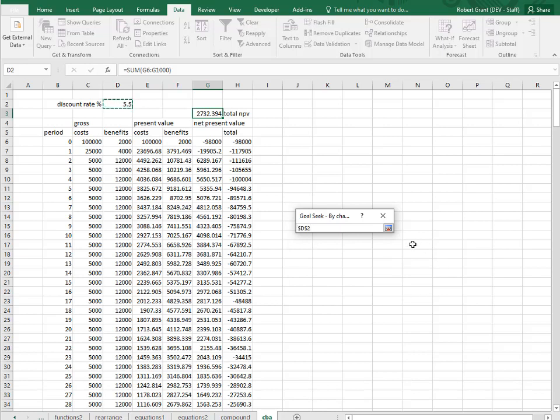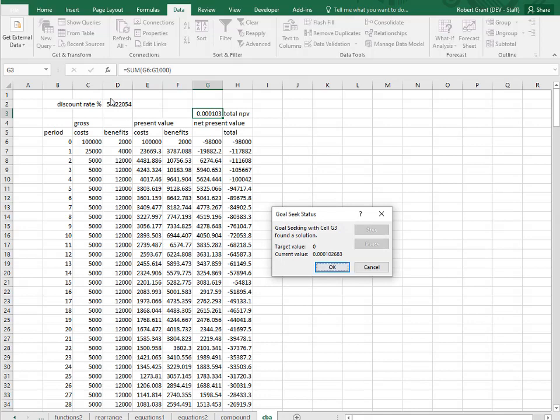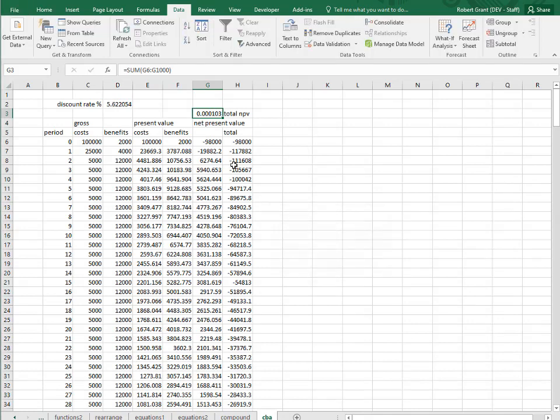And Excel tries to find what this must be to make this equal to your target, I said 0, and it's going to find 5.6%. Okay, so the internal rate of return here would be 5.6%. So in other words, if interest rates went above that, it wouldn't be worth doing. Below that, it's worth doing.